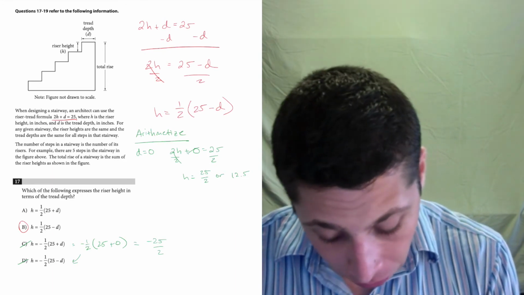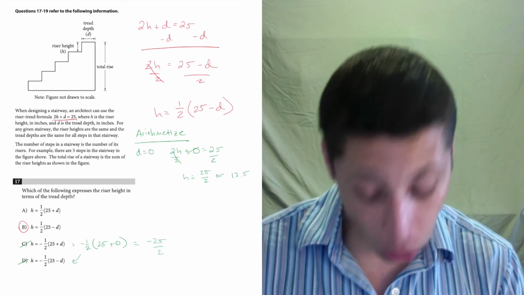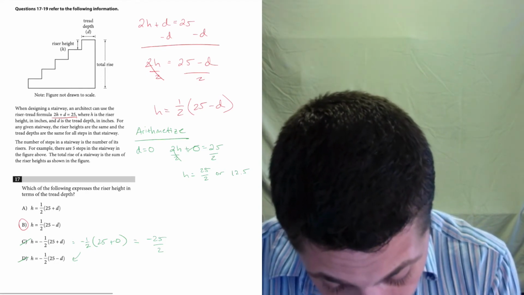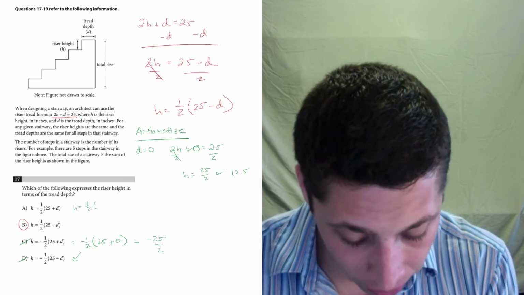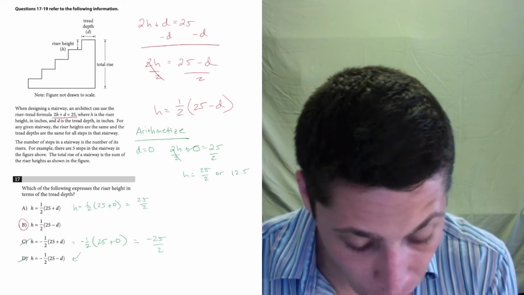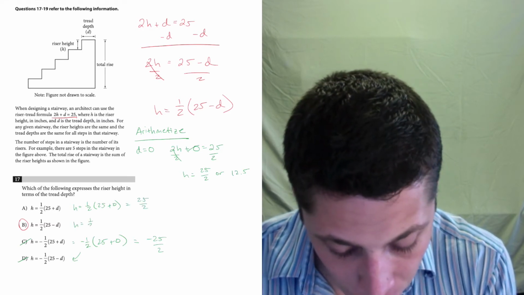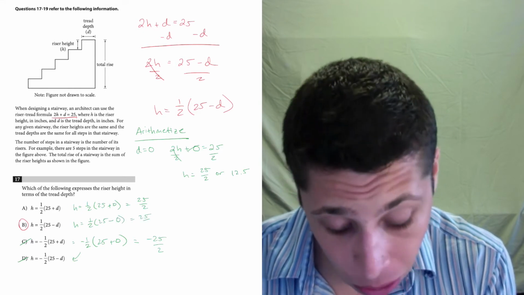But if we plug 0 in for d in choices A and B, it would work in both, right? So plugging 0 in here means that we get h is equal to 1/2 of (25 plus 0), which is just 25 over 2, and we get h is equal to 1/2 (25 minus 0), which is also 25 over 2.